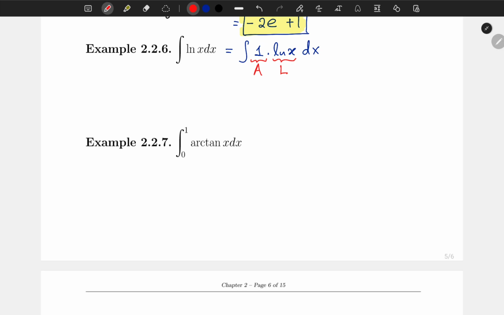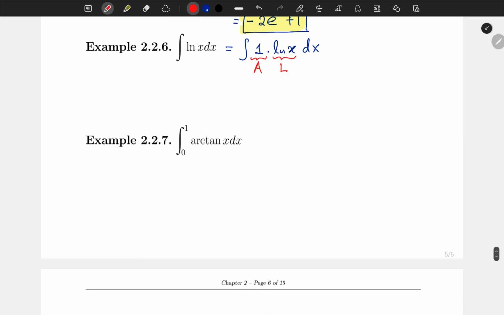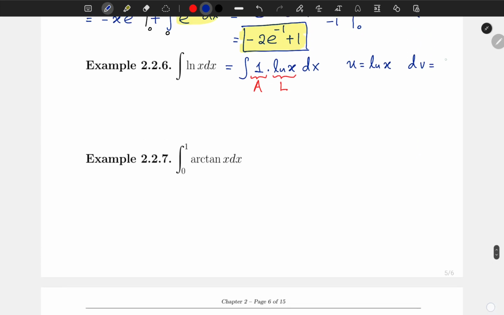Now, remember, we are looking at LIATE. So L comes first. Therefore, I'm going to choose the variable u to be the logarithmic function ln x. Everything else, dv is 1 dx.